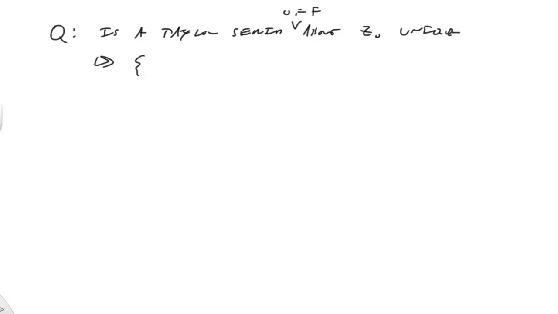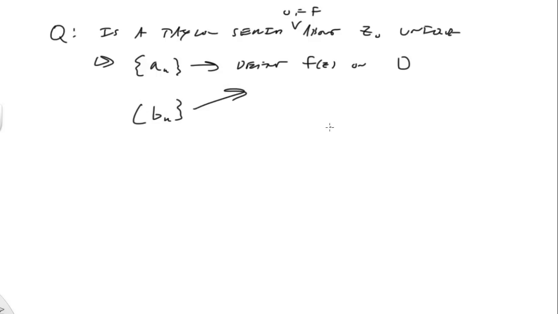That is, if I have a set of coefficients a_n, does that define f of z on the domain of convergence? Or are there two sets of coefficients that both represent it? And the answer is yes, it is unique. It's unique on D, on the domain of convergence.